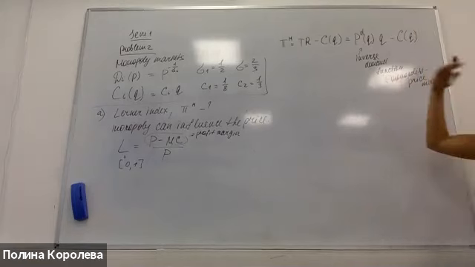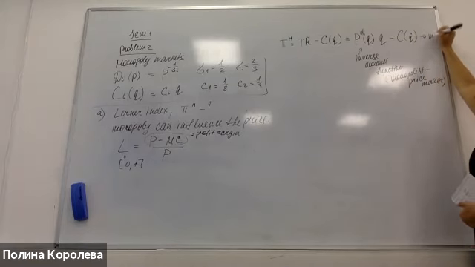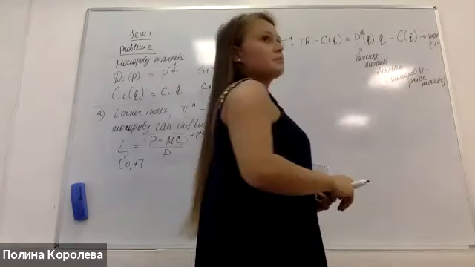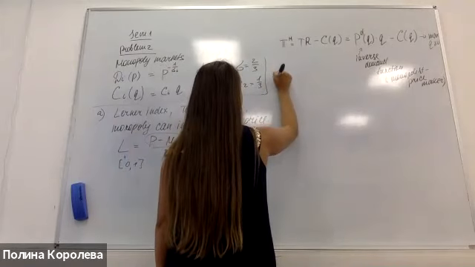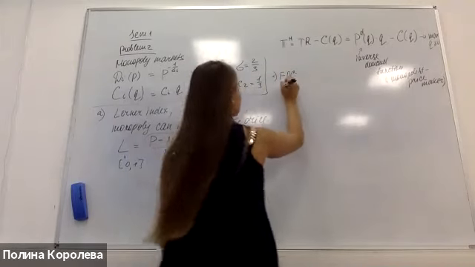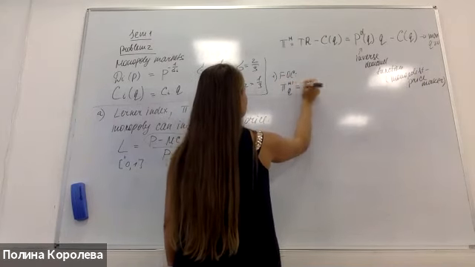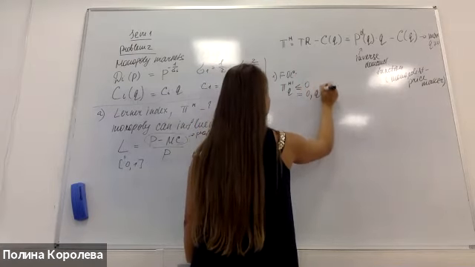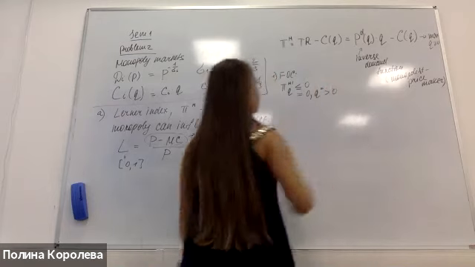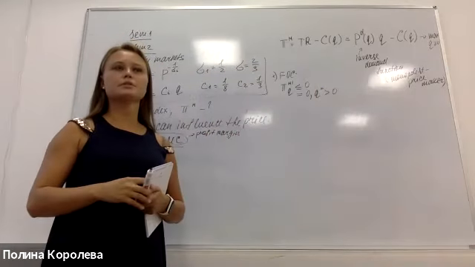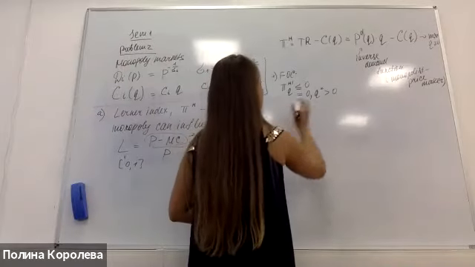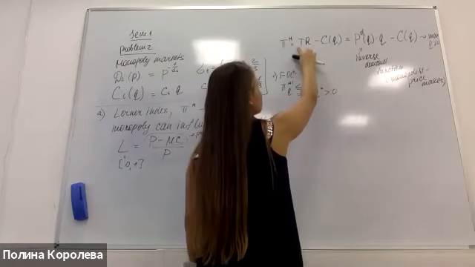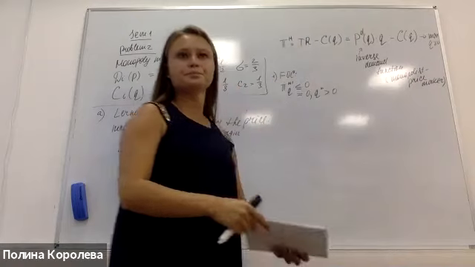And each firm should maximize its profit by Q greater or equal to 0. Same steps. First order condition. The first derivative should be less or equal to 0, or equal to 0 if we speak about an interior solution. Let's take this derivative.